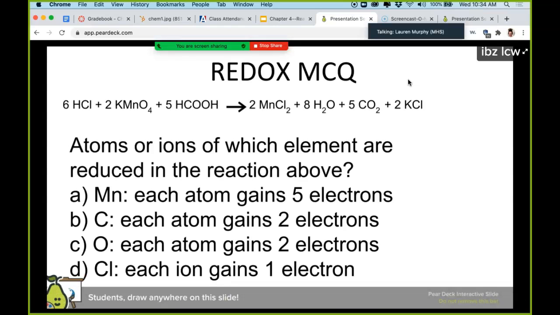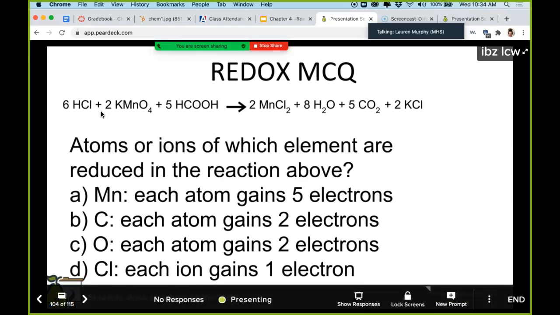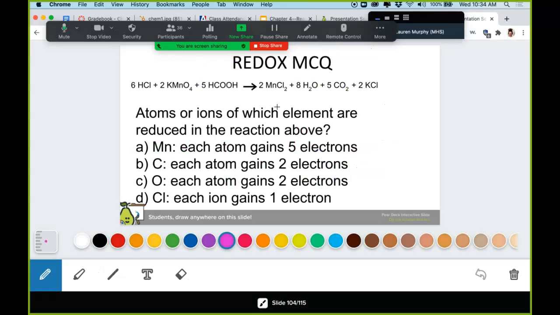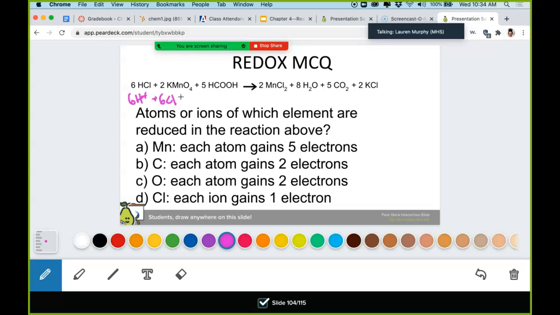If I were to break apart everything in here that I could, assuming the substances are aqueous, this would break apart into 6 hydrogen ions, 6 chloride ions, 2 potassium ions, 2 permanganate ions. This is a weak acid, so you would not get to break it apart. Weak acids do not dissociate fully. And then you would have 2 manganese ions and 2 chloride ions and 8 waters.